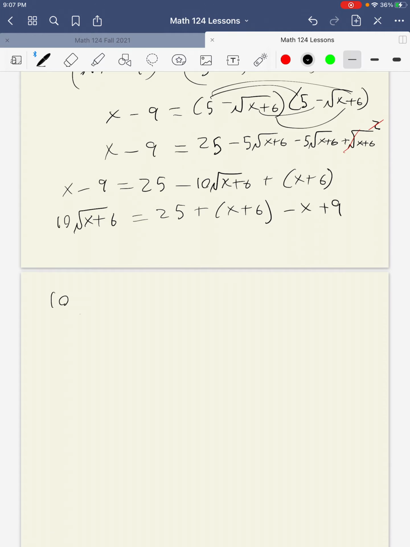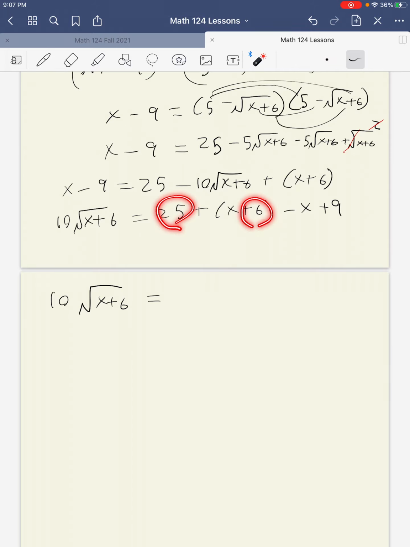So on the right-hand side we have 10 square root x plus 6. The left-hand side we have, well, let's combine the like terms. We have 25 plus 6 plus 9, so what is that? Plus 6 plus 9 is 40?